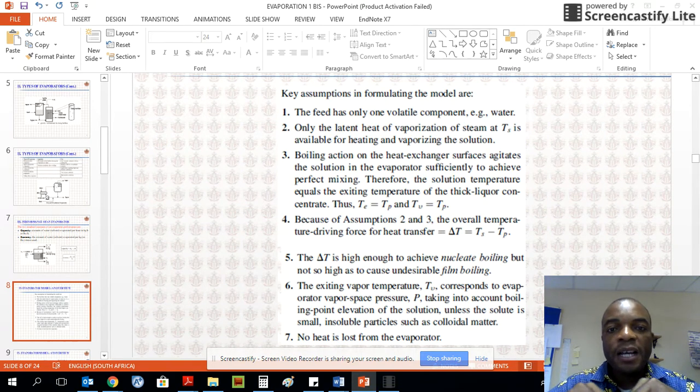First, the feed is assumed to have only one volatile component. Second, only the latent heat of vaporization of steam at Ts is available for heating and vaporizing the solution.